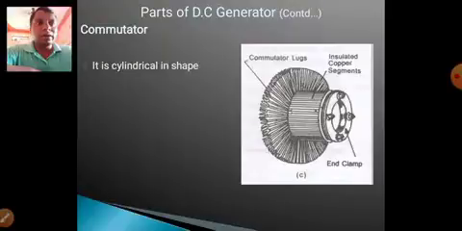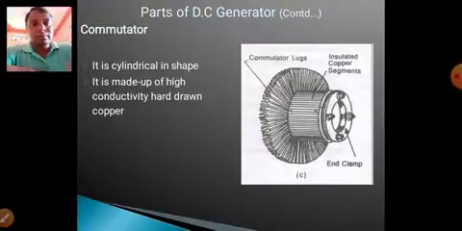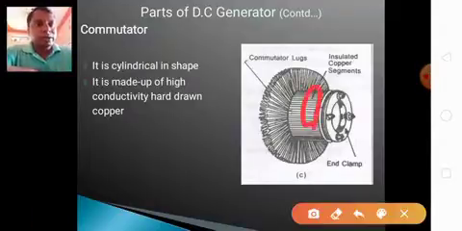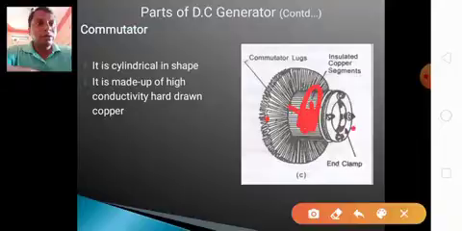A commutator. The commutator is cylindrical in shape, right? When the commutator rotates, the brush is placed in between, right? We are taking current from the brushes. The commutator makes the current unidirectional, which converts AC to DC.